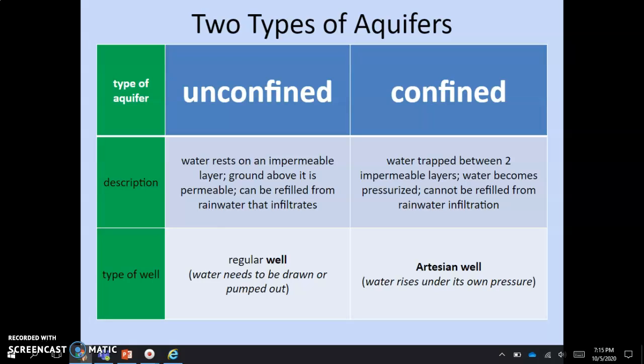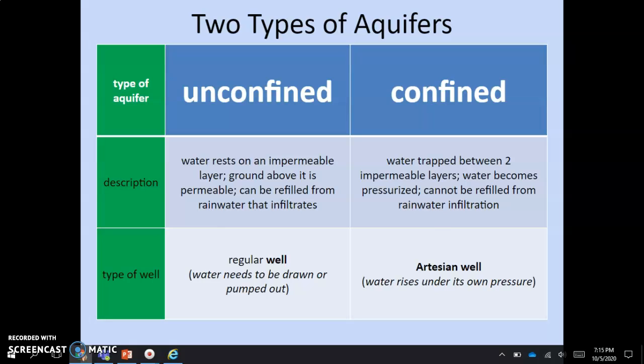If you think of yourself, if you were confined in a small space, you would be trapped in on all sides. So in confined aquifers, the rainwater will not be able to reach down into it. Now, the well that you build will depend on what kind of aquifer you are on top of.